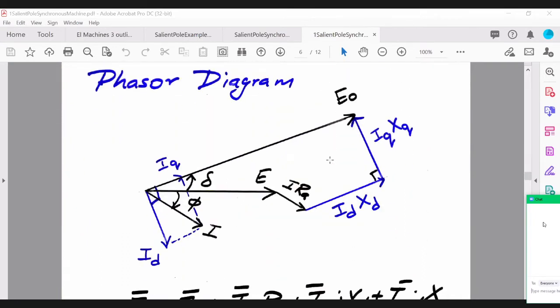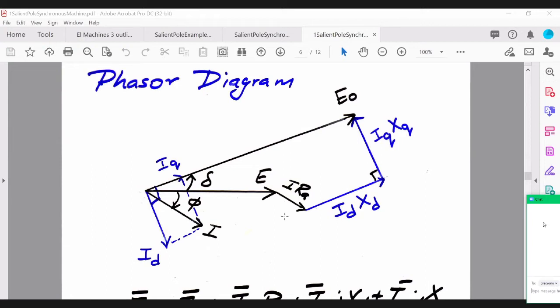The phasor diagram is very similar to the cylindrical rotor, except that we've split the current into two components, and those currents combined with their reactances give the drops across XD and XQ, which are in quadrature, 90 degrees with respect to each other.